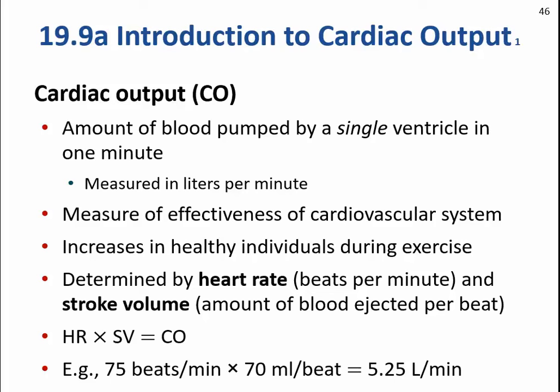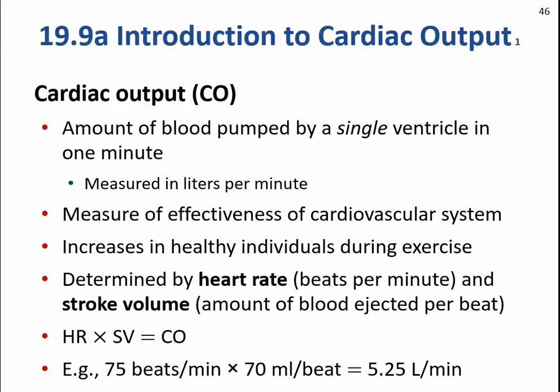This is going to vary with demands, but we work it out by saying that the stroke volume, the amount per beat, times the heart rate, beats per minute, gives us amount per minute. So 75 beats a minute, 70 milliliters per beat, gives us 5.25 liters per minute.